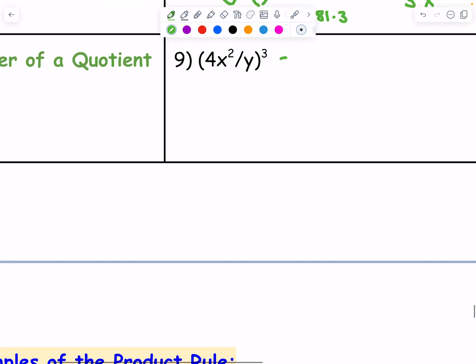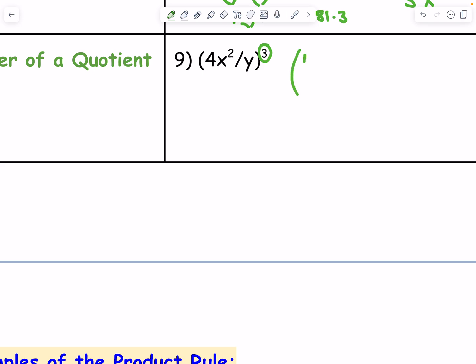So if we have 4x squared divided by y cubed, there's actually nothing more we could do with this problem because we don't have another x in the denominator. Actually, I take that back. I read that wrong. Excuse me. Back up. This cube, so don't make the mistake I made, is on a parentheses.